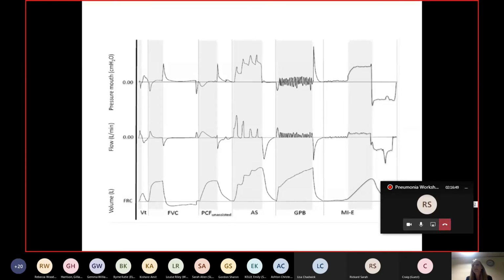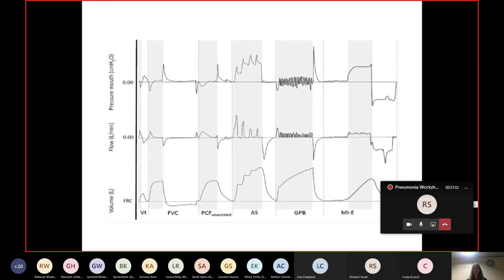Glossopharyngeal breathing is on this graph, but I've not spoken about it today, primarily because it's not something we use in the stroke cohort. It's more for your spinal cord injuries. And then MIE, which is also known as the cough assist, we can see there where we take this slow, steady breath in, and then also move down into negative pressure.